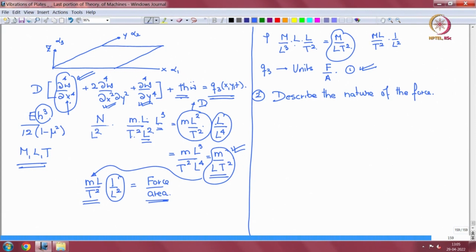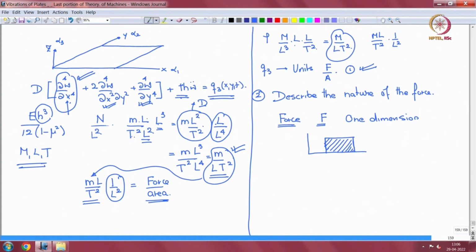So, now let us say I apply a certain force, F, let us look at one dimension, and that force is applied over a length, such that the total force over this length is the same.